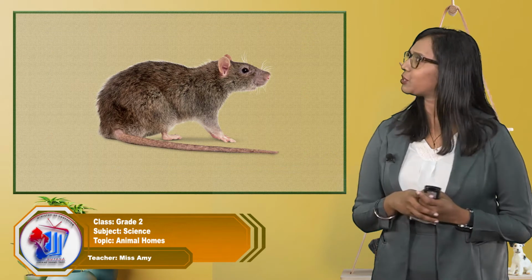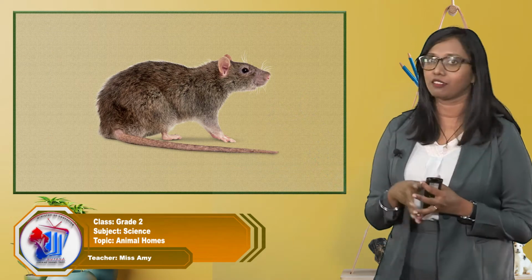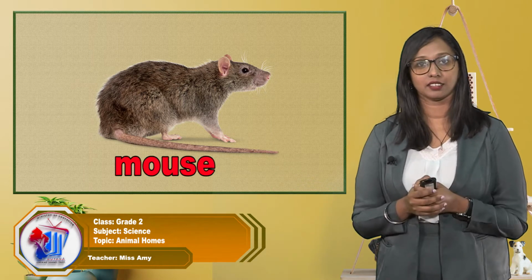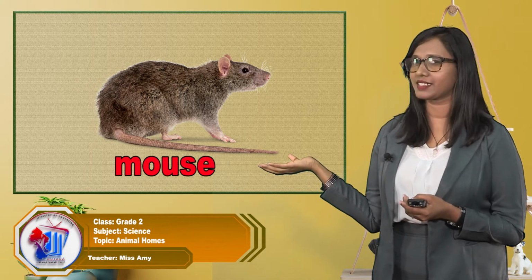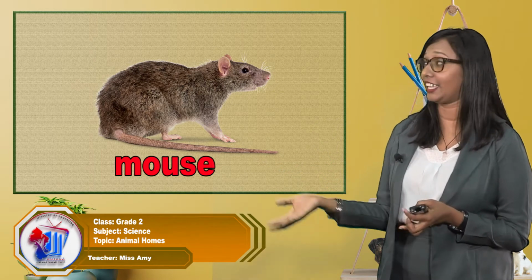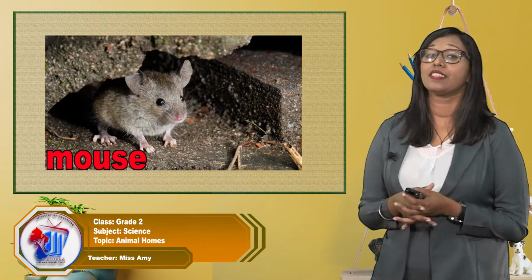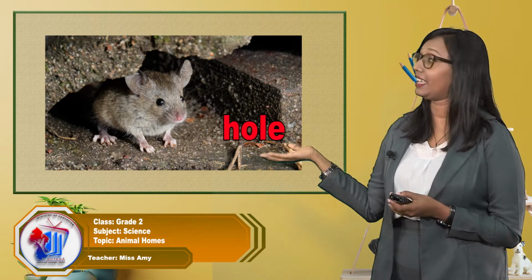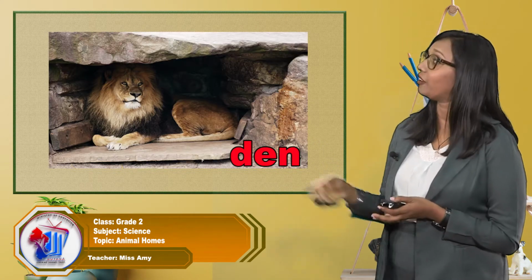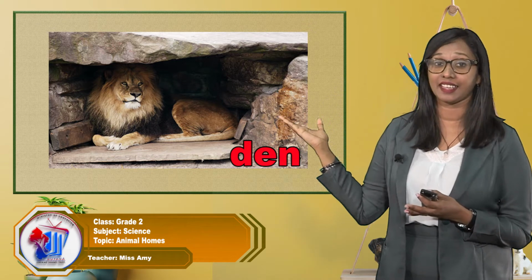Now many times we see this little guy running around, sometimes even in our yard. Now where does this little guy live? This little guy lives in a hole. The mouse lives in a hole. Okay? So we have the lion lives in a den.